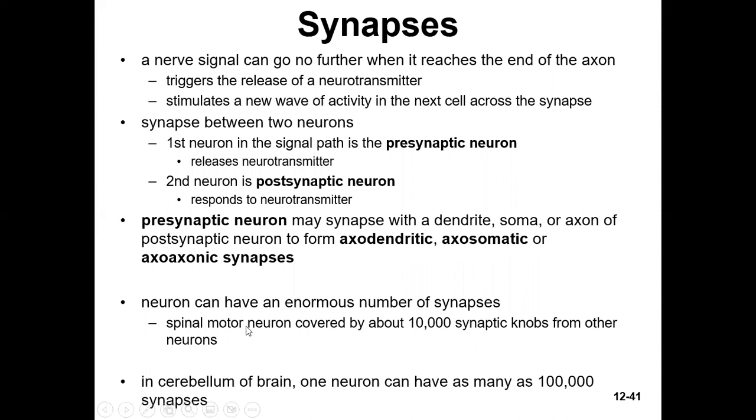Like spinal motor neurons will cover or be covered by about 10,000 synaptic knobs from other neurons. In the cerebellum of the brain, one neuron can have as many as 100,000 synapses.